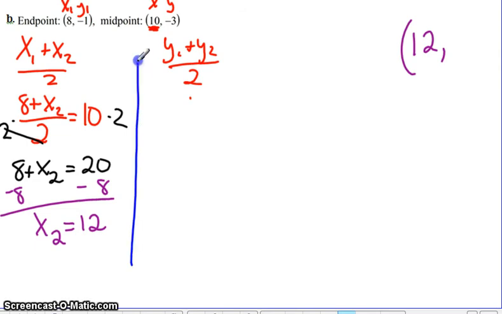Now let's work the y. Don't mix up the y1 in the equation, because that's how you make mistakes and confuse people. y1 in my equation is -1, plus y2, which I do not know, over 2. I don't know what it is, but I know it should come out to equal -3.